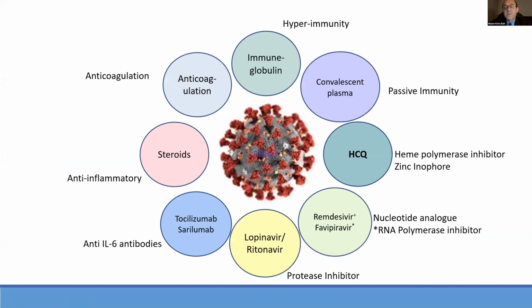Different modalities or different medications have been tried. A lot of those are in clinical trials, and we will talk about some of those options. My job is just to talk about hydroxychloroquine, and this is where the doctor who asked the question about the hemoglobin, it is a heme polymerase inhibitor.